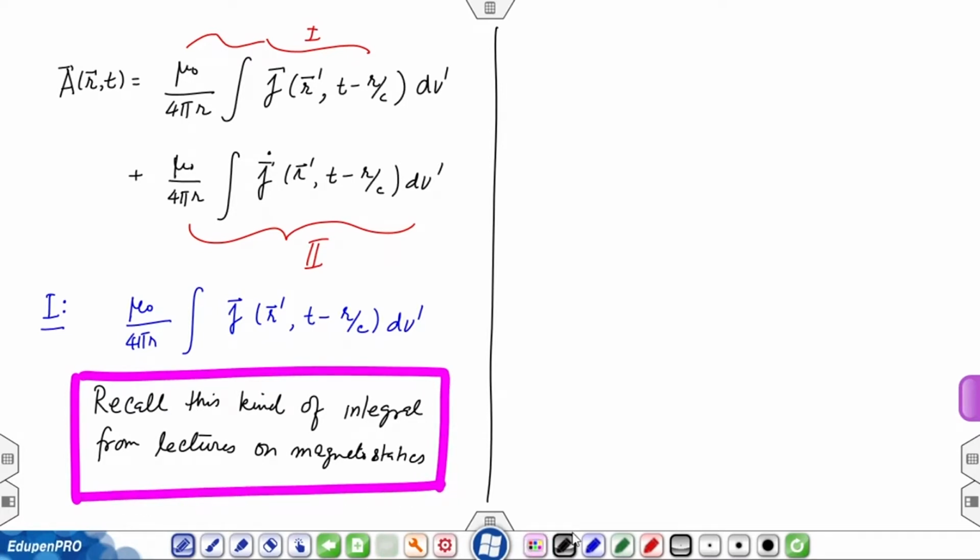There we had shown that this integral is 0. Here it is not going to be 0 because j is time dependent. Let us see how it works out.